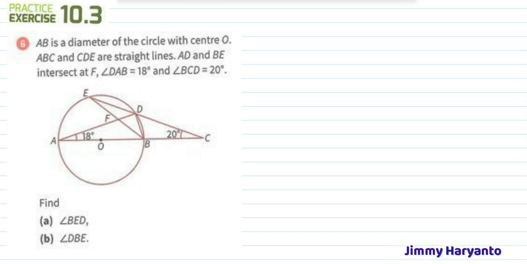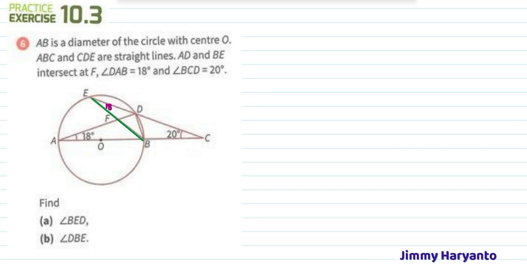For question 6, we will start from the 18. If this one is 18, that means this one also 18, because circumference angles facing the same length. Next is this one.